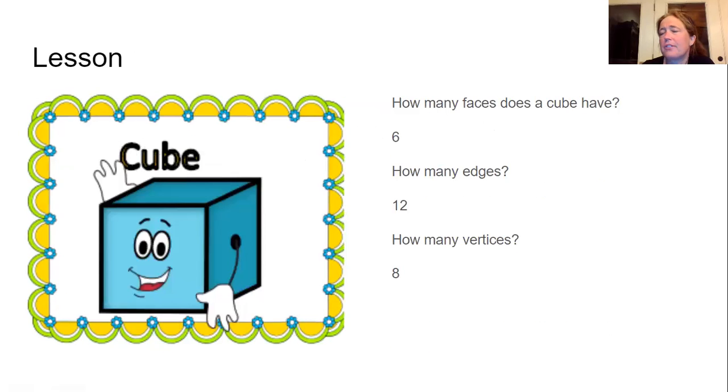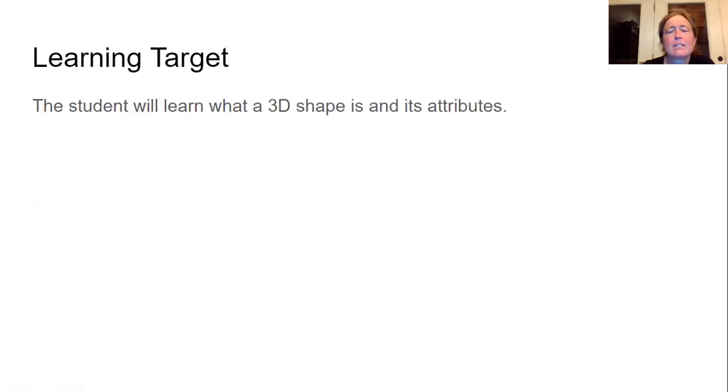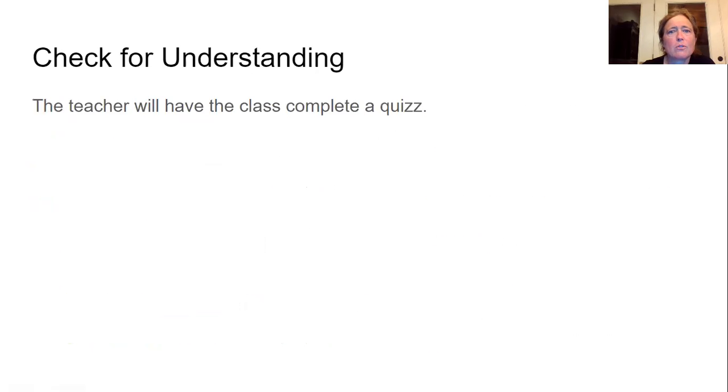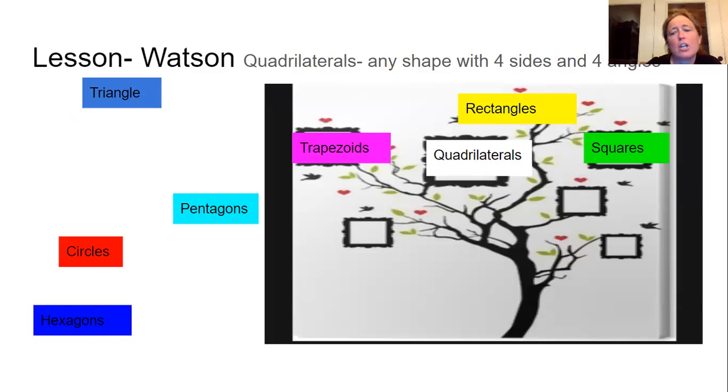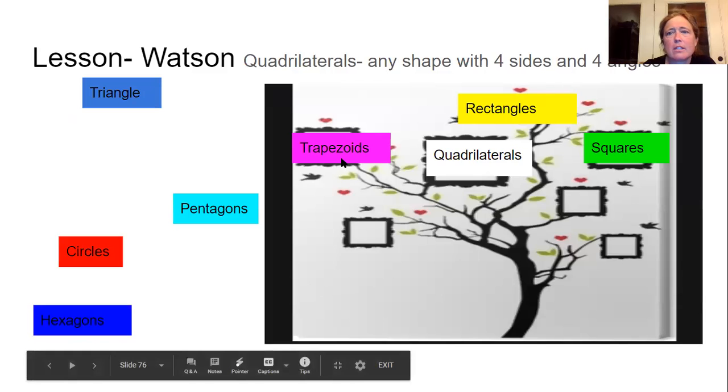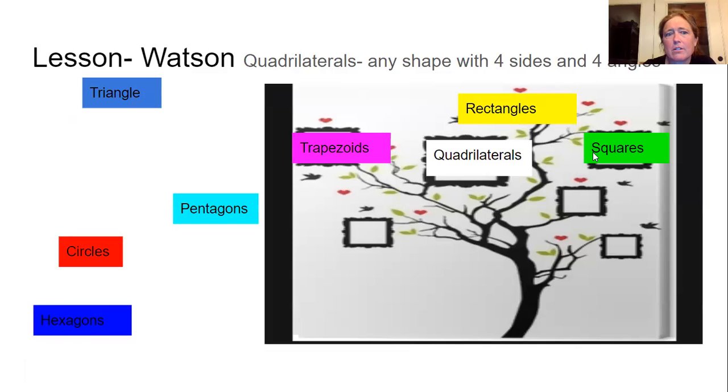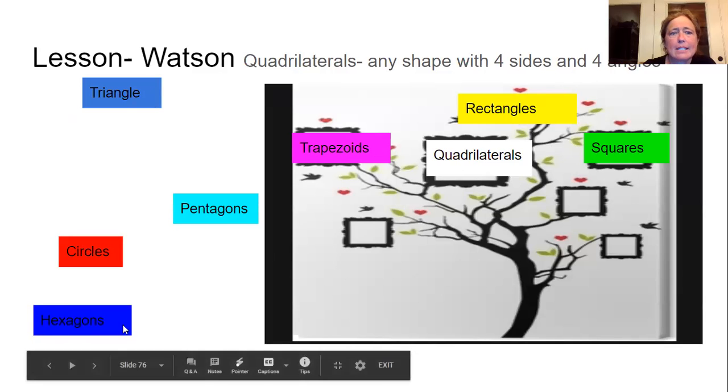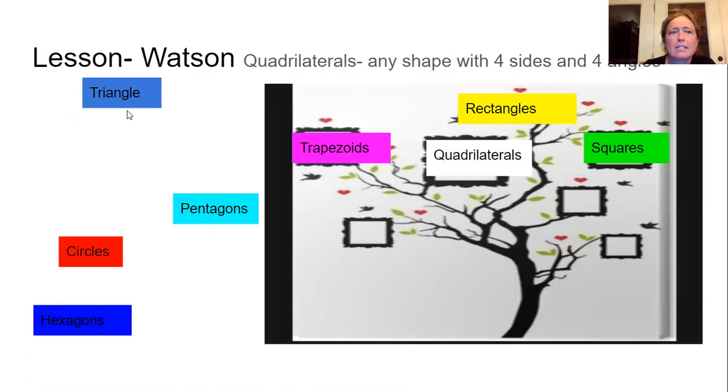except not the 3D shapes because we won't be able to do that on a GeoBoard. So the ones that you're going to be doing are trapezoid, rectangles, squares, hexagons, circles, pentagons, and triangles.